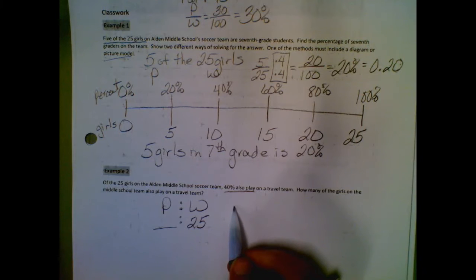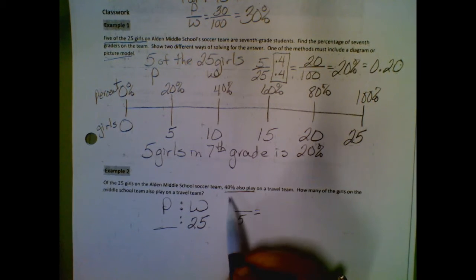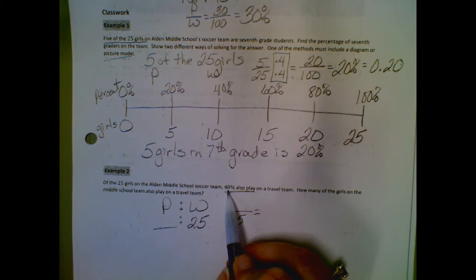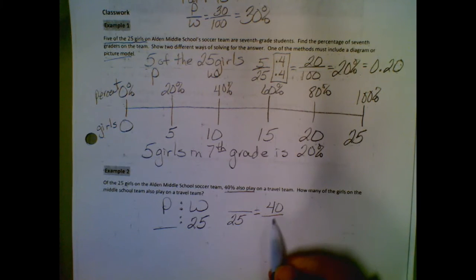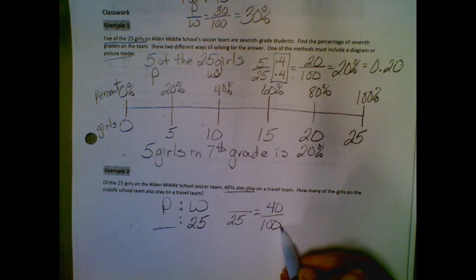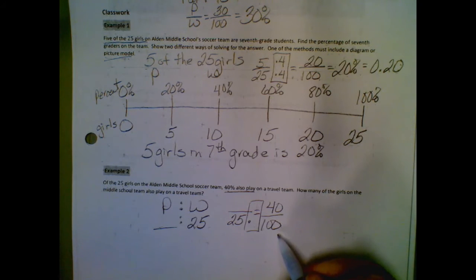Let's write it as a fraction. Something over 25 equals 40%. Percentage means, say it with me, out of 100. So 40%, 40 out of 100. I can multiply, again, use a giant one, 25 times something equals 100.